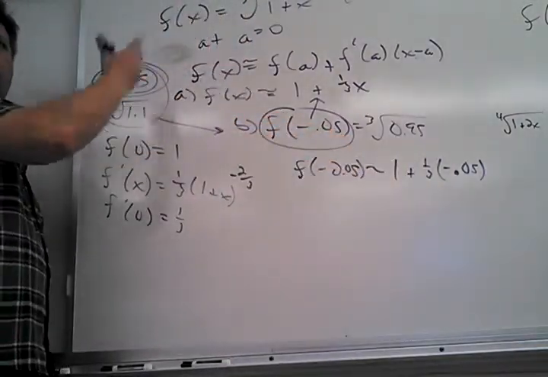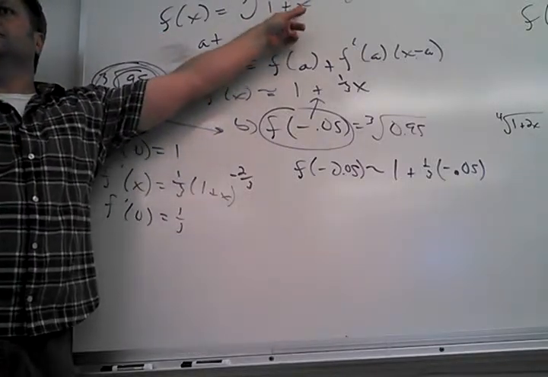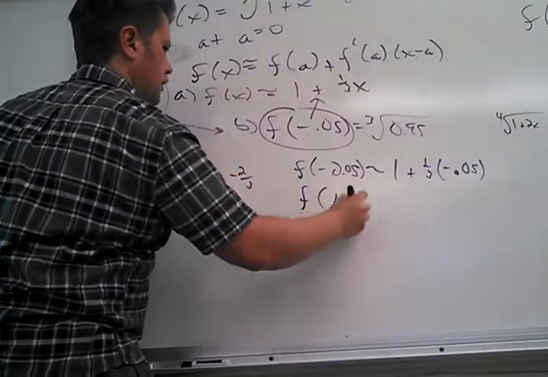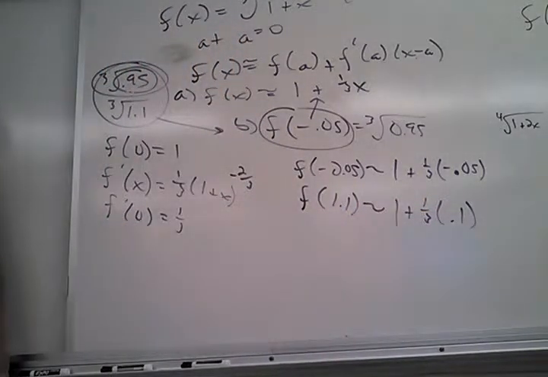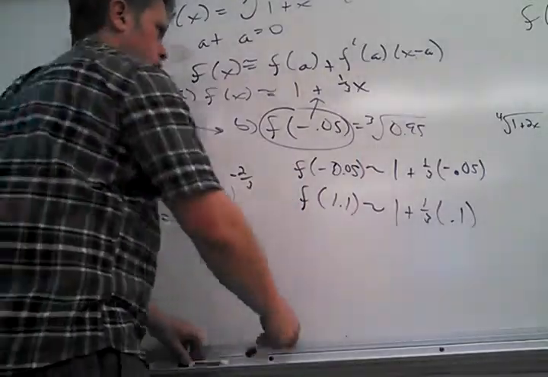For 1.1, x would be 0.1, since x plus 1 is 1.1. So then f of 1.1 is approximately 1 plus 1/3 times 0.1. That's what x has to be. You guys see what you have to be careful about, because that kind of thing might come up on a quiz or a test. So on the thing where you have f of negative 0.05 is equal to the cube root of 0.95, and underneath f of negative 0.05 is roughly equal to 1 plus 1/3 times negative 0.05.